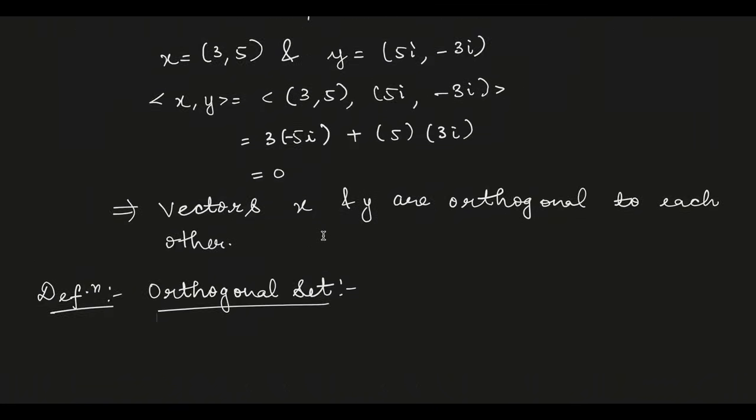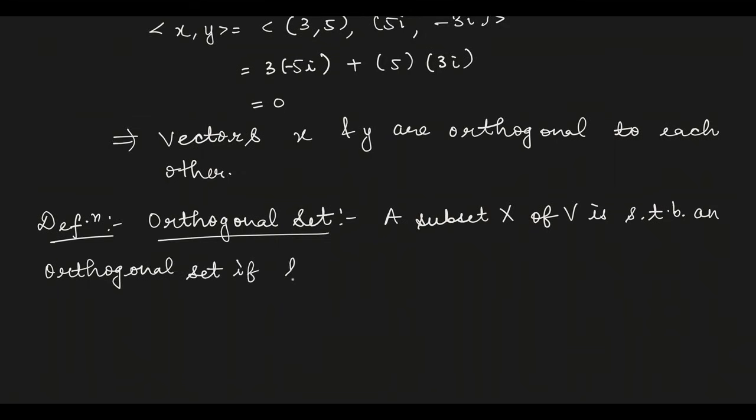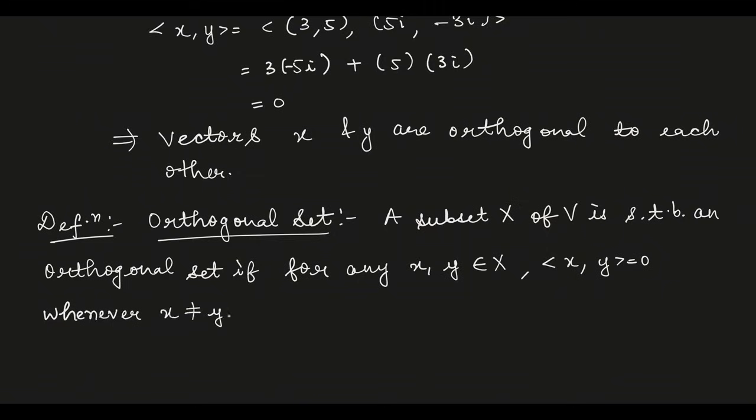Now I am writing a definition for orthogonal set. A subset X of V is said to be an orthogonal set if for any x comma y belonging to X, the inner product of x comma y is 0 whenever x is not equal to y, meaning these vectors should be distinct.